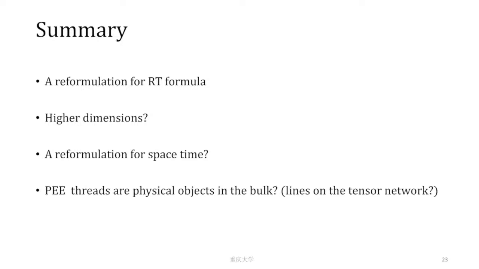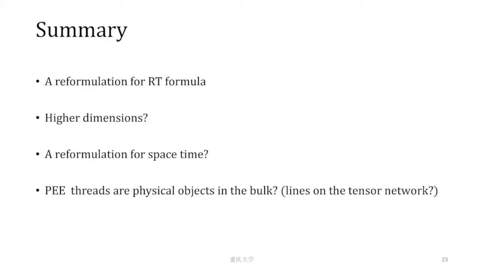Also, the bit threads reformulation of space-time needs the metric of the background space-time in advance to determine the bit threads. It says that the space-time is full of bit threads which have a finite size. It's some cylinder in space-time with its cross-section area being 1/4G, something like that.